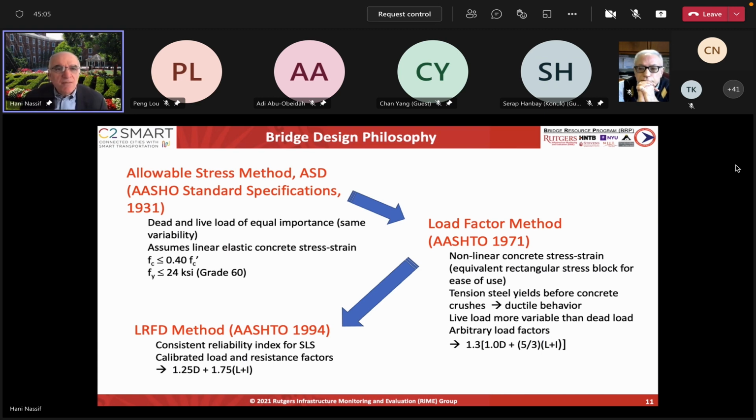So historically, it started with the allowable stress design. 100 years ago, probably more than 100 years ago, if you look at the codes, they were very, very simple, and it was based on the allowable stress design. We knew steel and concrete at the time, and we knew at what tension the steel will fail, and what is the cracking in concrete, what is the strength of the concrete.